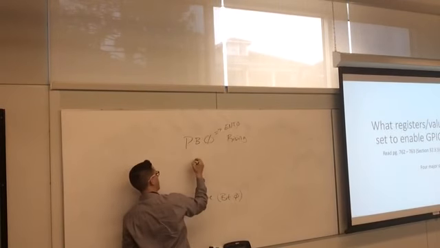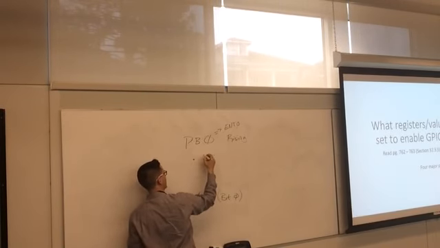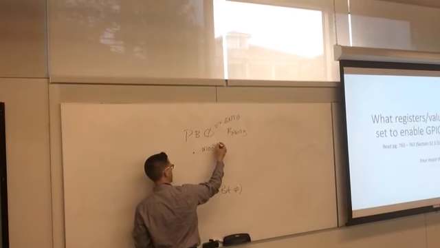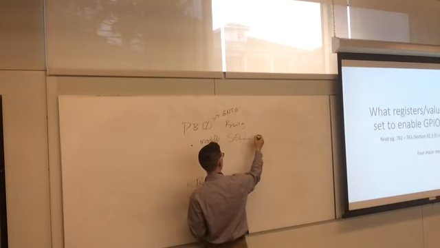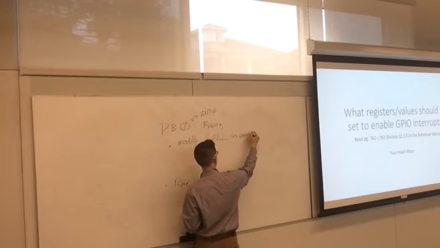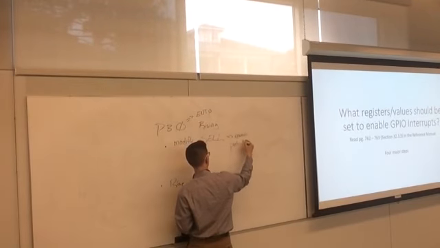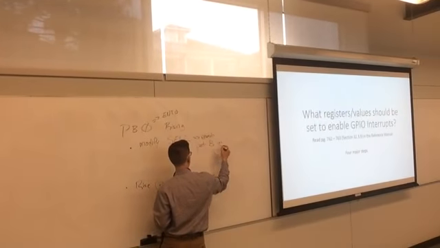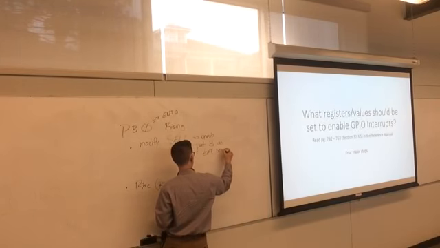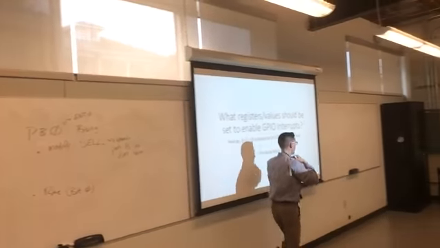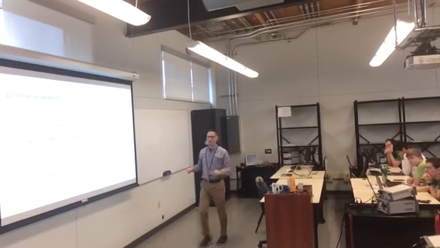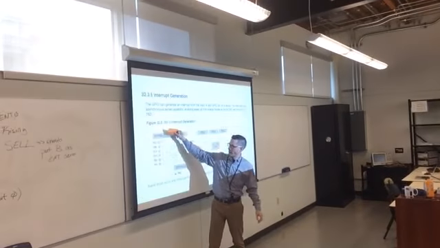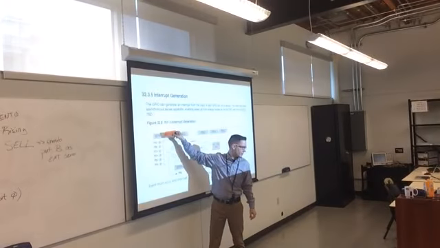So to enable this interrupt, the first thing you have to do is modify the select register low, and you need to enable port B as the EXTI source. So if you look back at our diagram here, the first thing in this step is I've got to modify this select register.